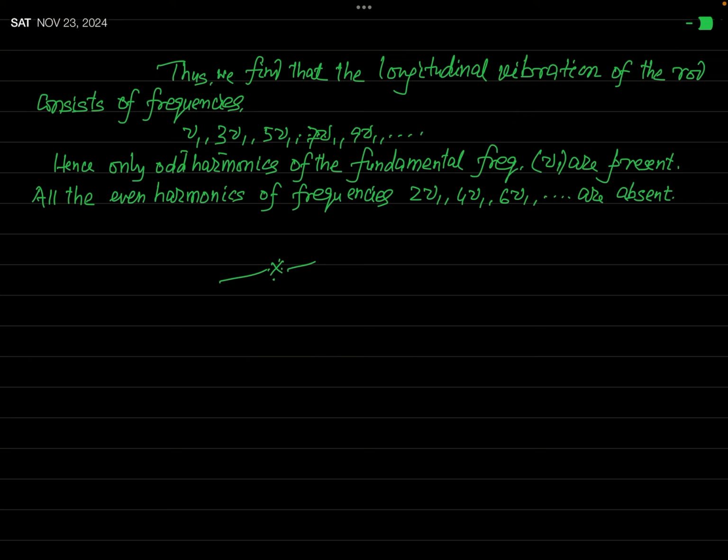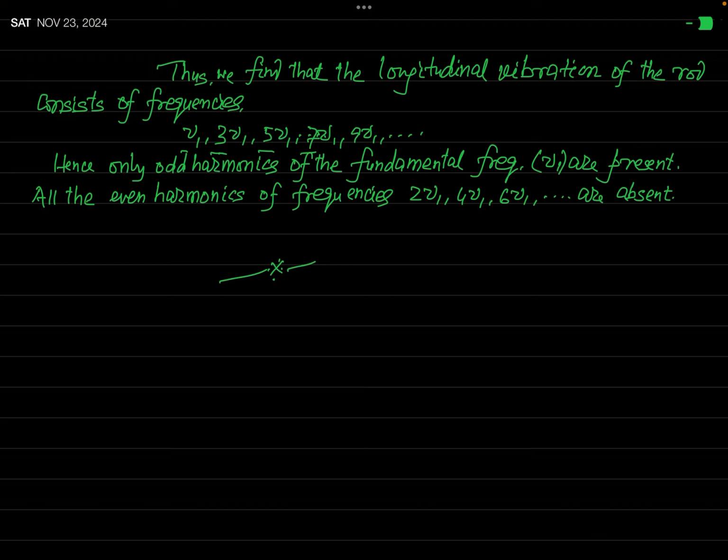What does it mean? It means in this vibration of a rod, only the odd multiples of the fundamental frequency nu1 are present. Okay? Only the odd multiples of the fundamental frequency.